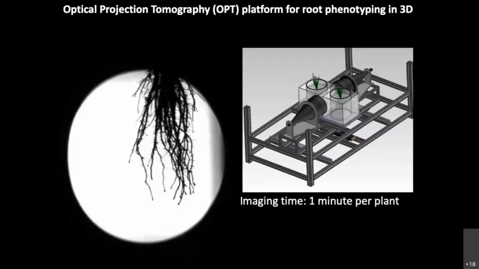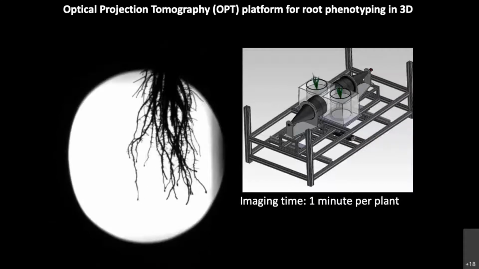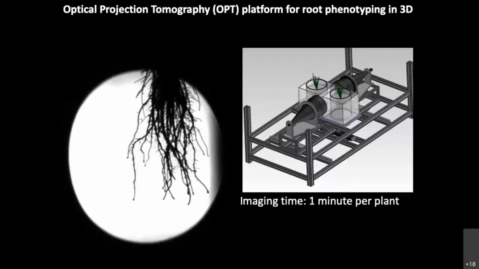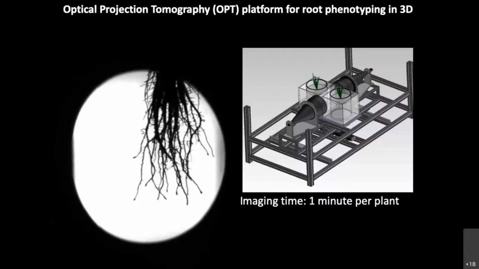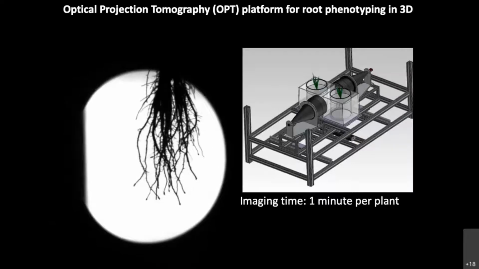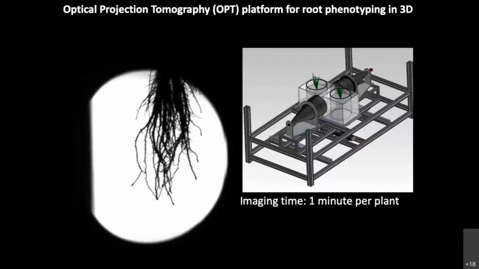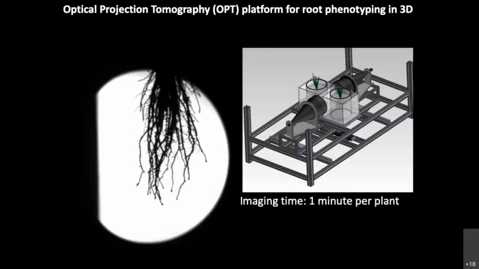So we have a number of different phenotyping platforms, and this is one of the earliest ones and one of the simplest ones, and certainly has quite a few limitations. But it's an optical projection tomography system, which is a fancy way of saying we grow plants in a glass jar full of gel, spin them around, and collect a series of images. We can do this pretty quickly, and of course we can change the conditions.